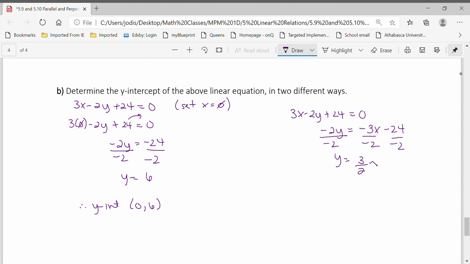Y equals 3 over 2 x plus 6. That is our y-intercept. So either way, we could figure out the y-intercept. If you're asked in questions to just find the x and y-intercept, I would tend to use this first way, because that's what you're looking for, is to do the work. But you could always also check this way too if their question didn't specify.